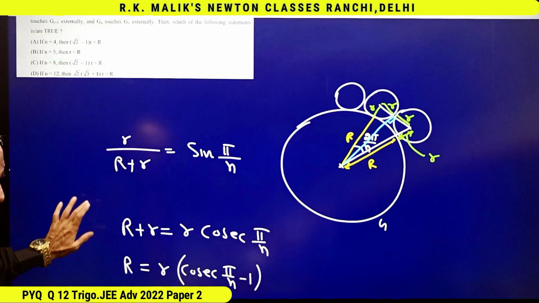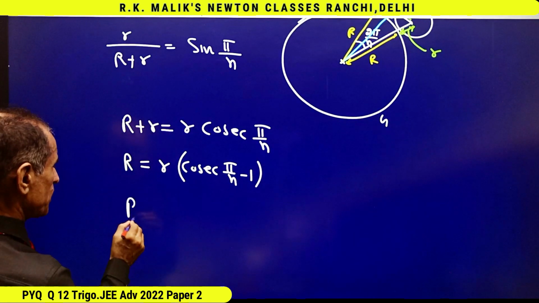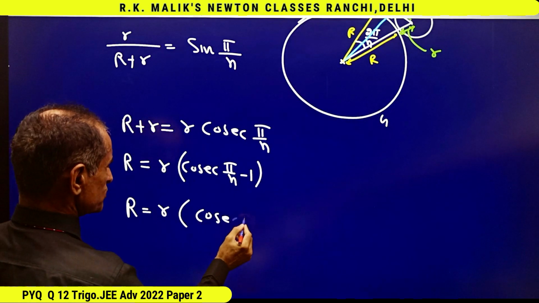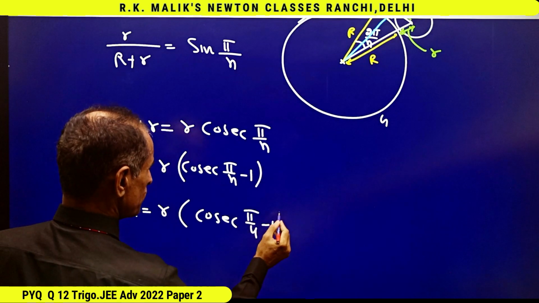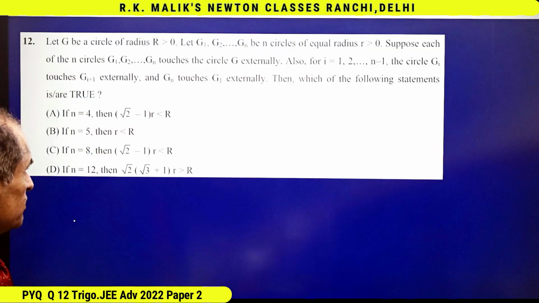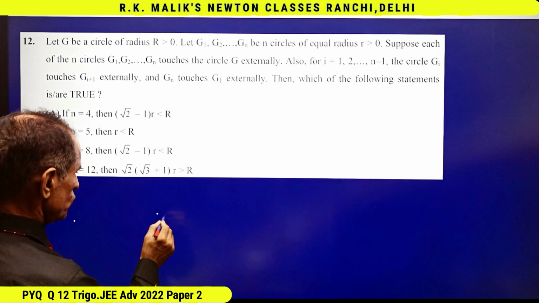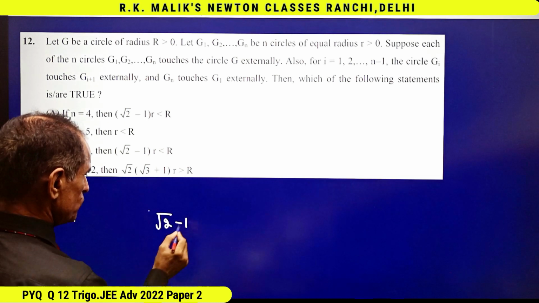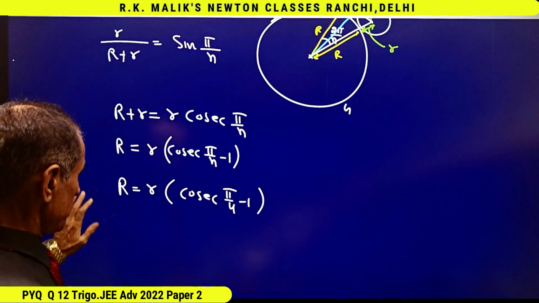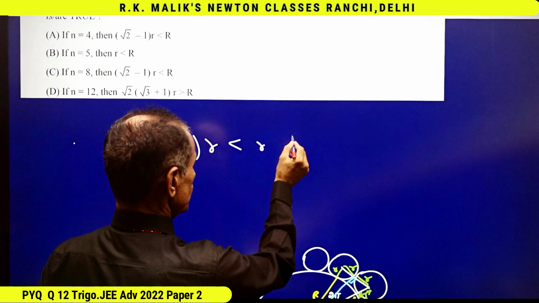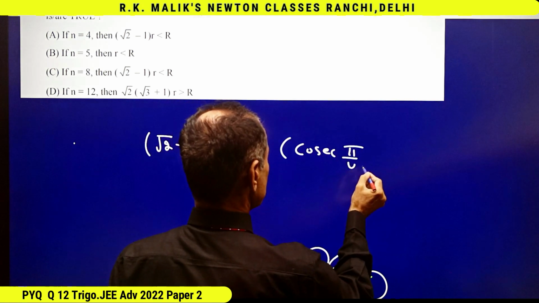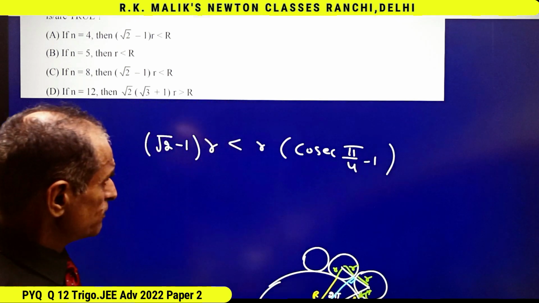If n is 4, the value of capital R will be r into cosec pi by 4 minus 1. And now choice A will become correct if root 2 minus 1 into small r is less than this value of capital R, that is r into cosec pi by 4 minus 1.